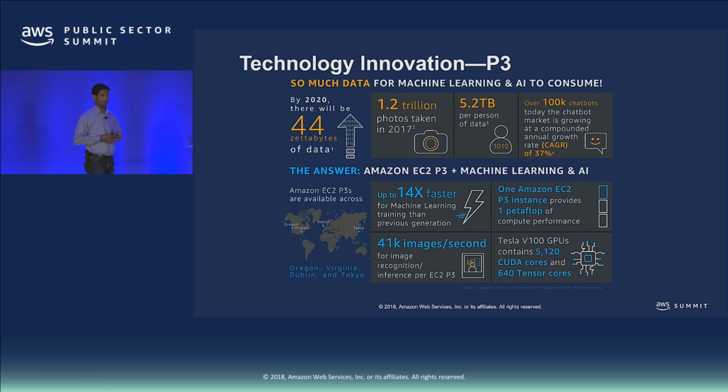It roughly equates to about 5 terabytes per person. And when you're doing a lot of computations specifically for machine learning and artificial intelligence, the P3 family is essentially targeted for that type of workload. It gives you faster machine learning training models, and the P3 instances provide up to 1 petaflop of compute performance, extremely performant.